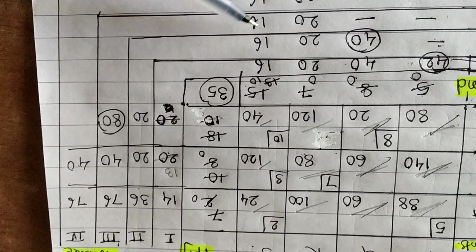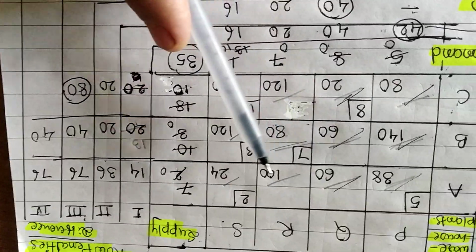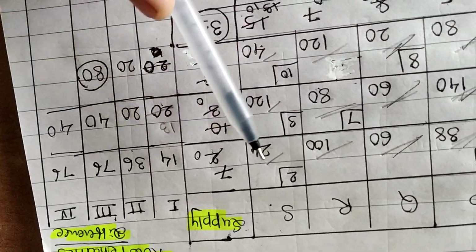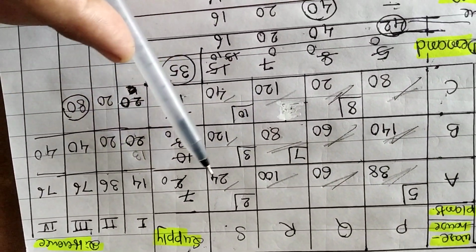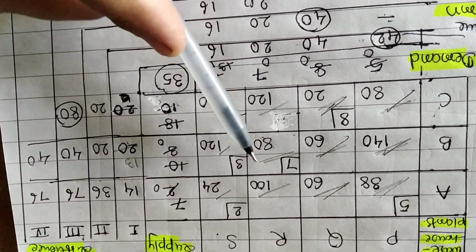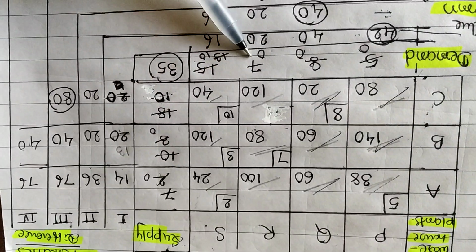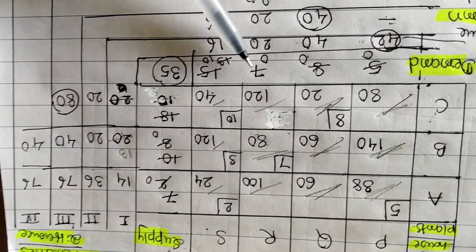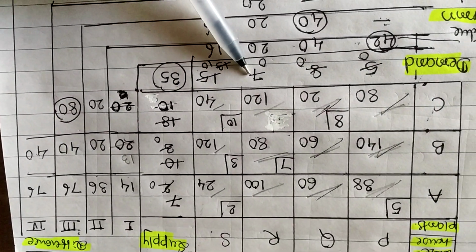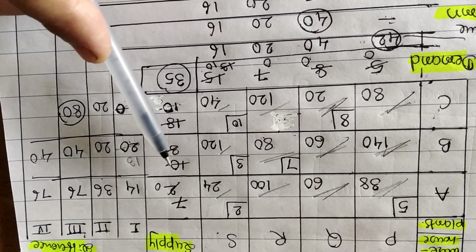Okay, same things. First of all you see the numbers, you have 0. Here you see the numbers, here is 7 and here is 10. The lesser number is 7, the demand is 7 and the supply is 10.